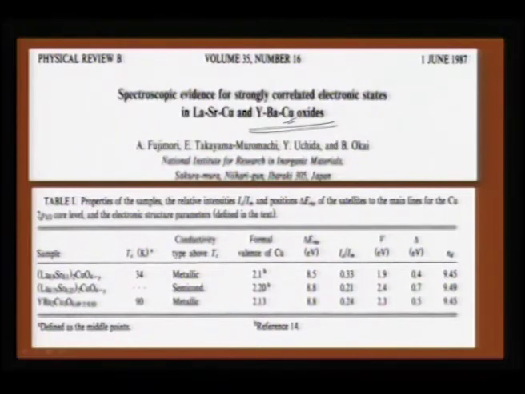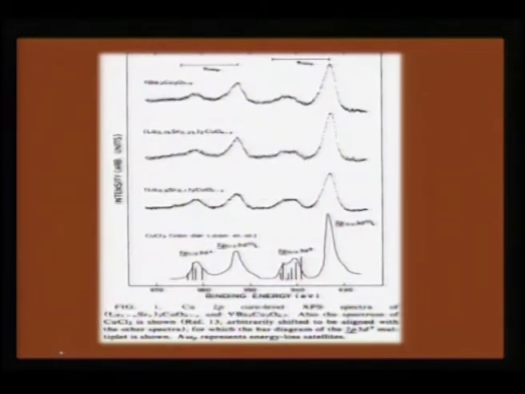For example, in the case of the 34 K superconductor, which is lanthanum strontium cuprate, compared with the 90 K superconductor, both are metallic in conductivity, but the formal valence of both the 34 K and 90 K superconductors is nearly the same compared to a semiconductor, and it suggests that copper is not exactly in copper 2+, but in a higher valence state.